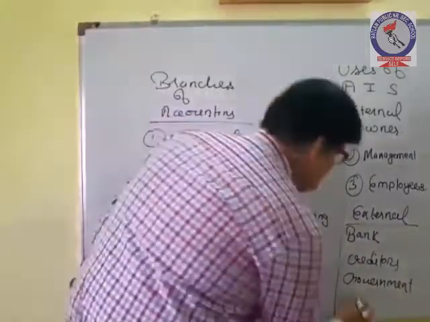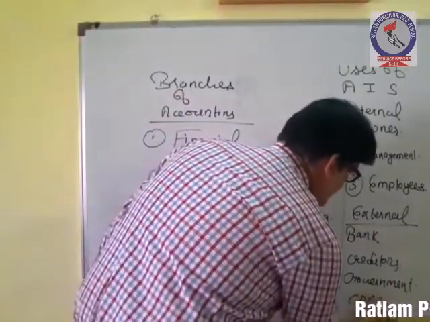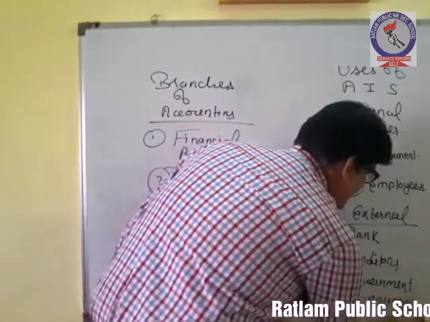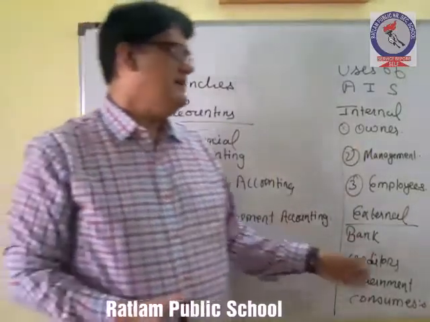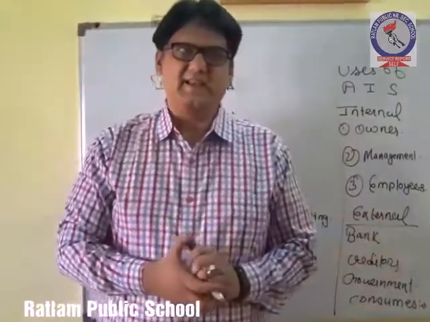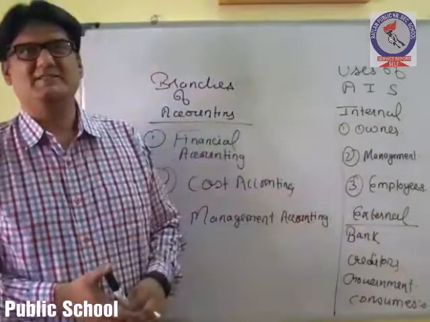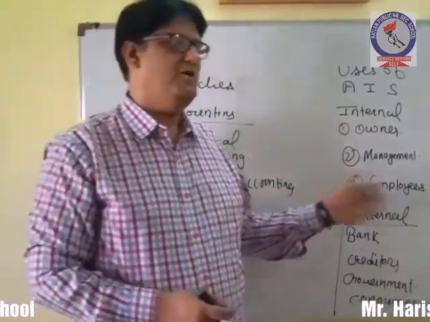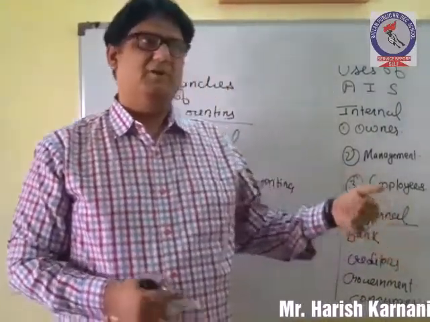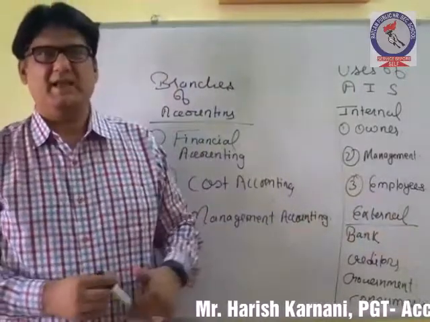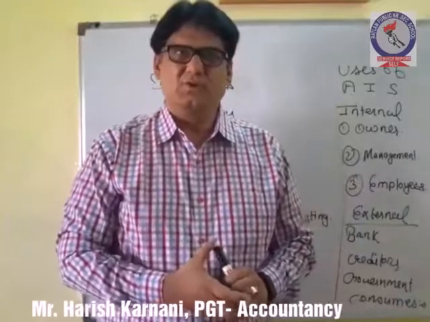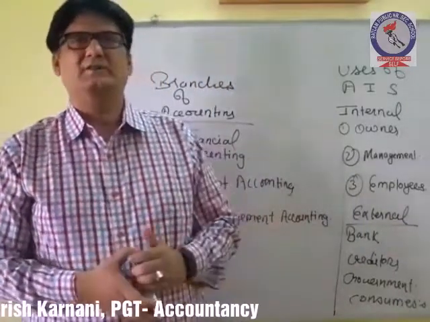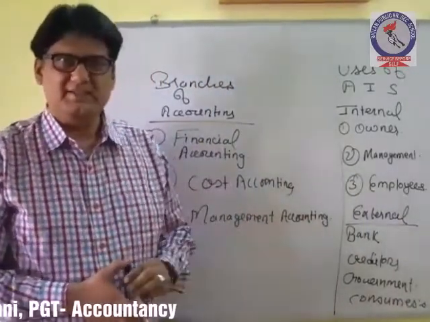Then comes consumers. Consumers are interested in going through the business accounts in order to see whether the business will survive for a long-term period or not, because once the consumer becomes habitual of making use of the goods of the company, they rely on those companies or organizations.